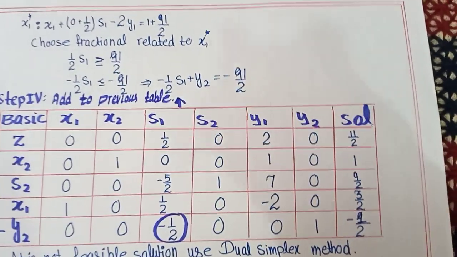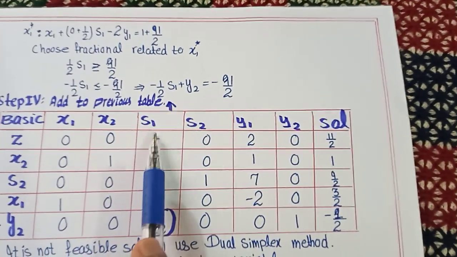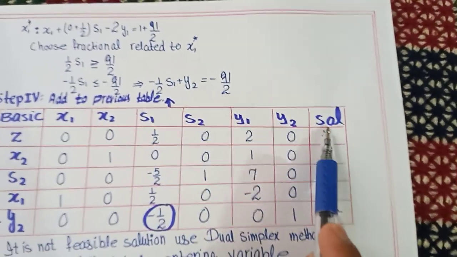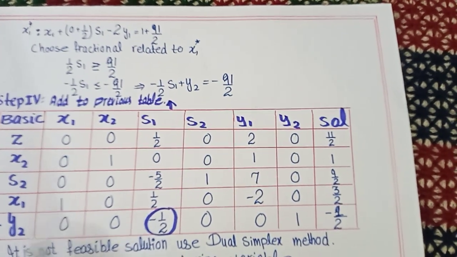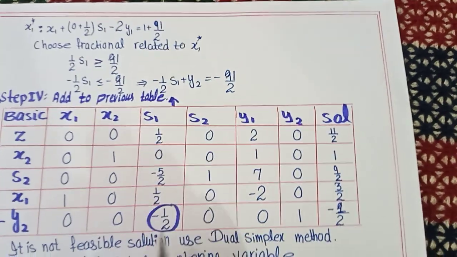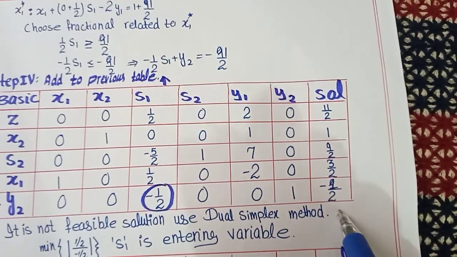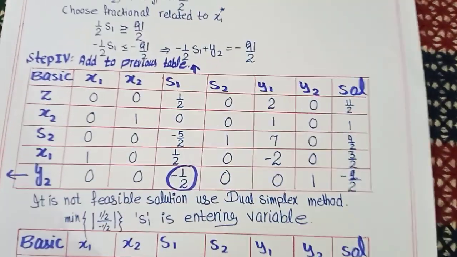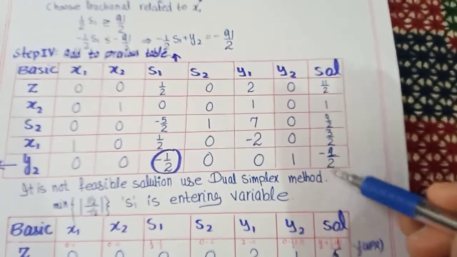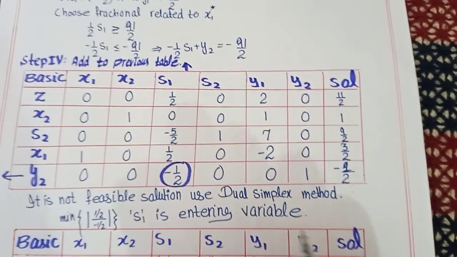The new table is changed with y2 added: x1, x2, s1, s2, y1, y2 and solution. The y2 row is minus 1 over 2 s1 only, plus y2, equal to minus 1 over 2. It is not a feasible solution. Take the minimum of minus 1 over 2 divided by 1 over 2 mod. s1 is the entering variable.